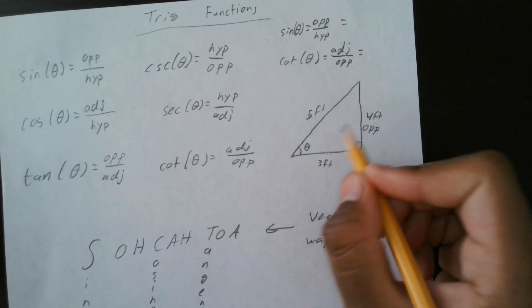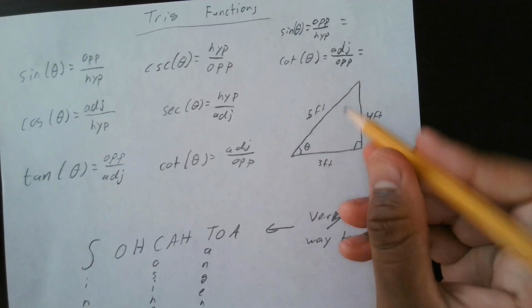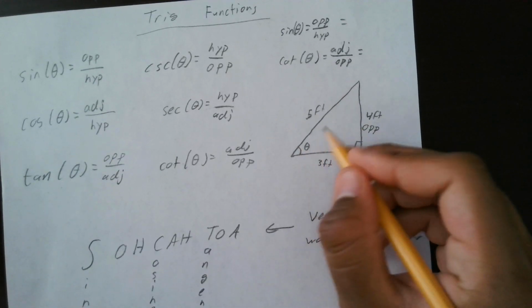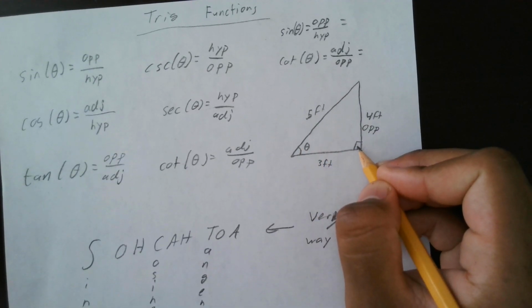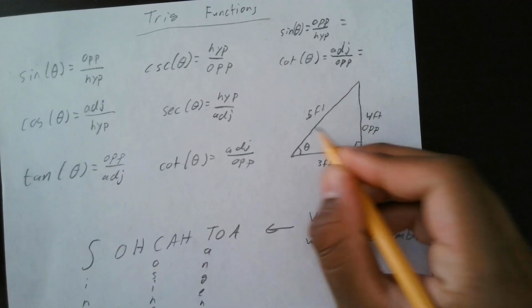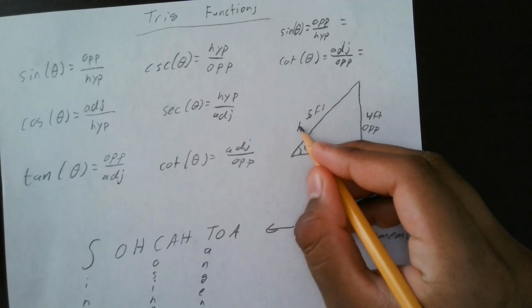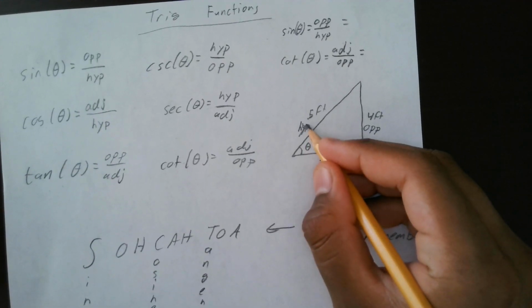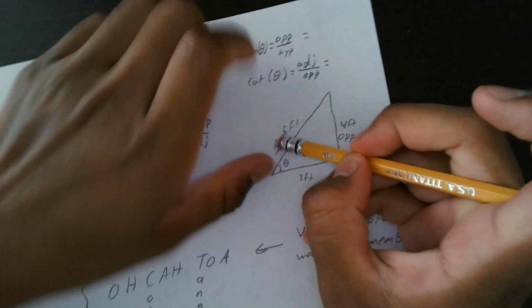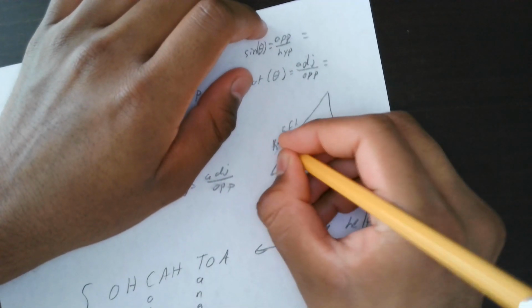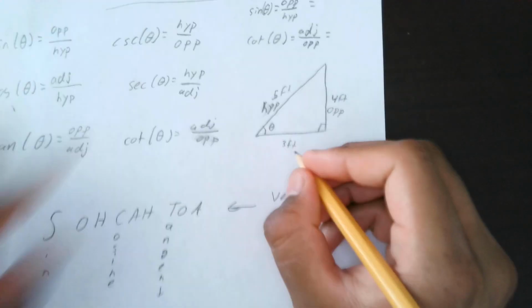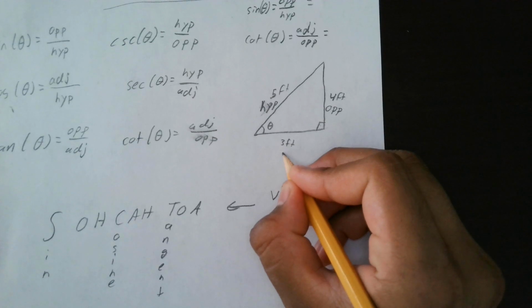And then the hypotenuse is the longest side, and it's the one that's right across from this 90-degree angle here. So this would be the hypotenuse. And so that means that this must be the adjacent side.